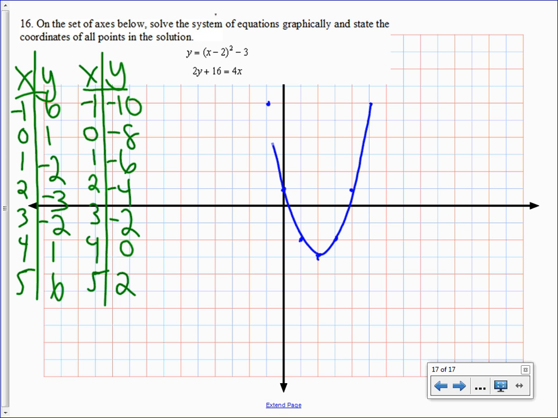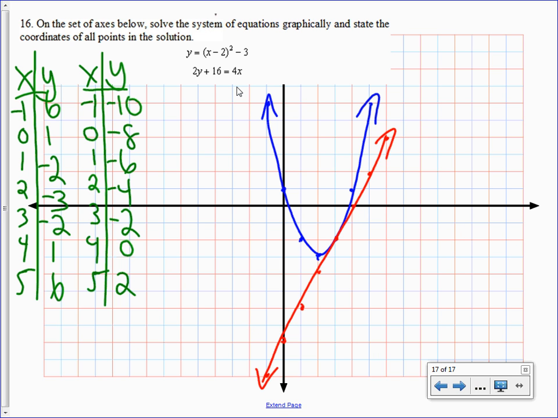That is a beautiful looking parabola, if I may say so myself. Negative 1, negative 10. I do my line. I think I have more than enough there.